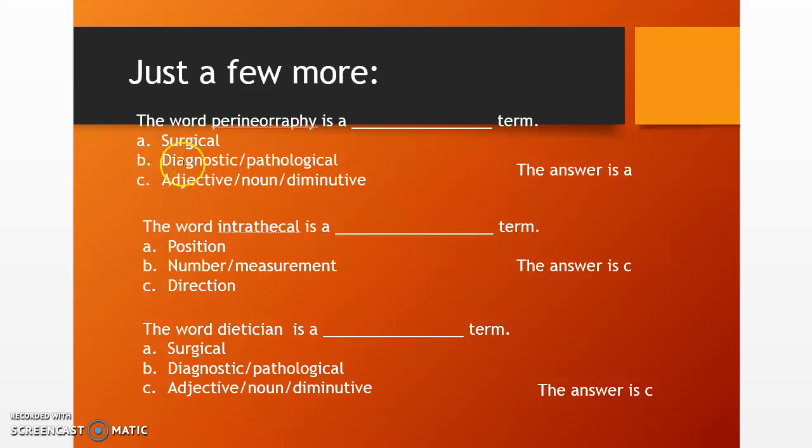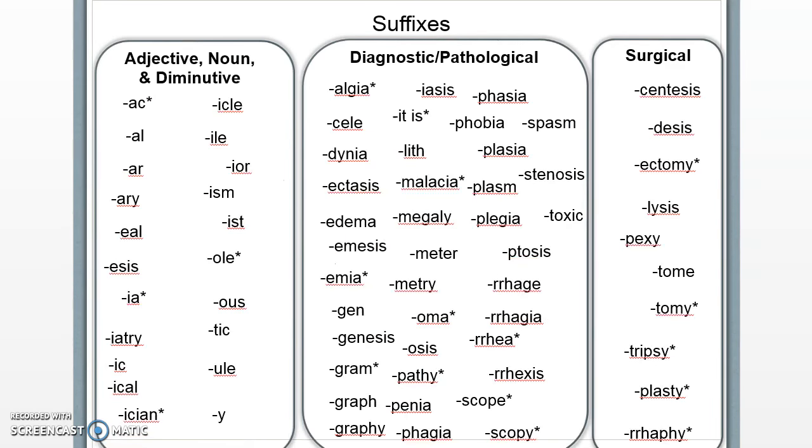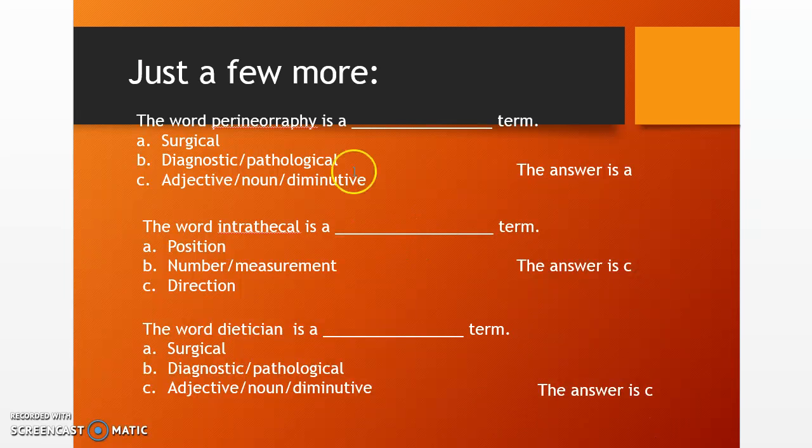A few more here. Perineurography, and of course we look here, surgical, diagnostic, or adjective, and we look here. You can go back to your chart as you practice these. Go back to the surgical, right? Here it is. Here's the suffix right down here, and surgical, right? Intrathecal, right?